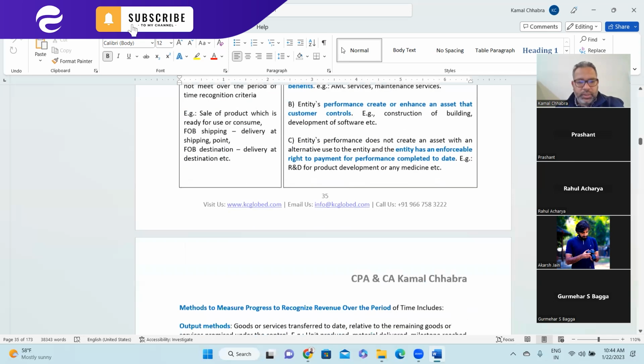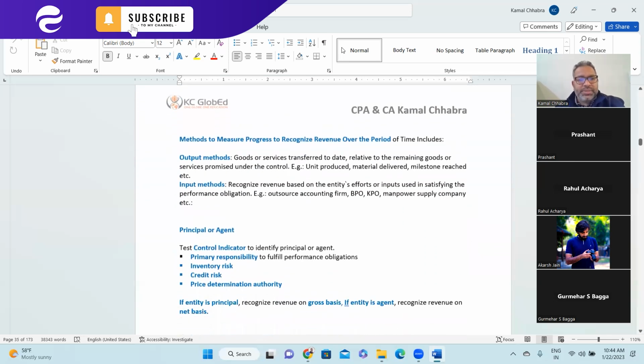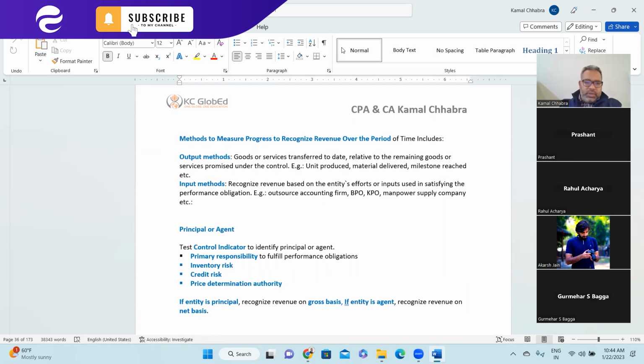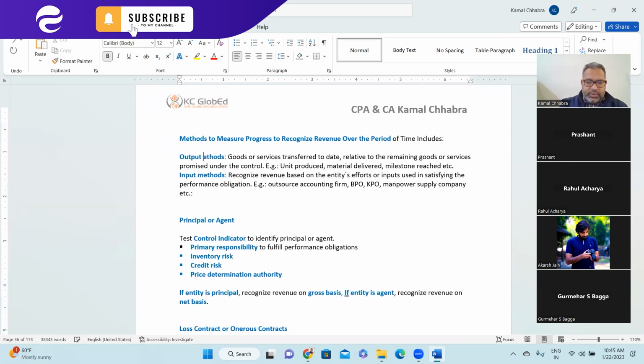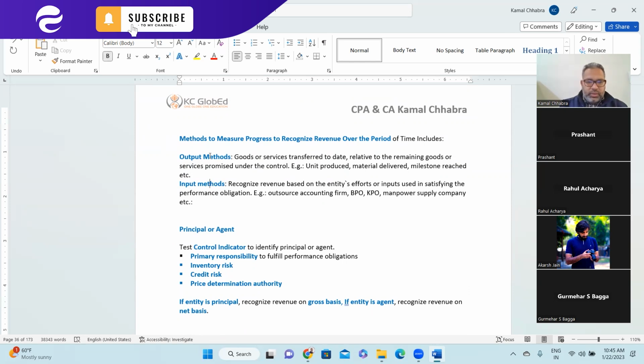Yep. Okay. So let's jump into the methods to measure the progress to recognize the revenue over a period of time. The first one is the output method. The second one is the input method. What is the output method? Does anyone have any idea?